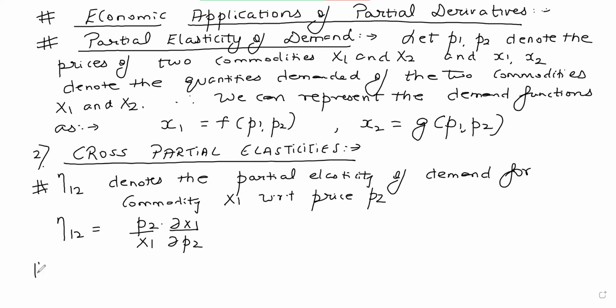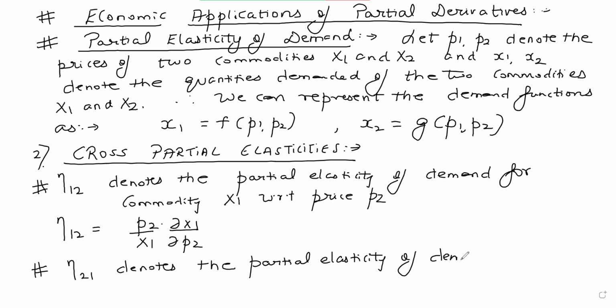And similarly, eta 21 denotes the partial elasticity of demand for commodity X2 with respect to price P1.